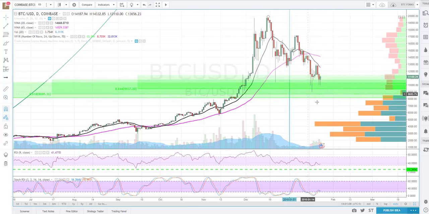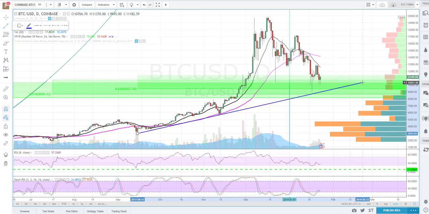When you get that, it really takes a lot of effort for the bears to push through those sometimes. And we also have a trend line that we're working on here. So you have that, and you have this trend line. Bears would really have to put in a considerable effort of selling to get through this.